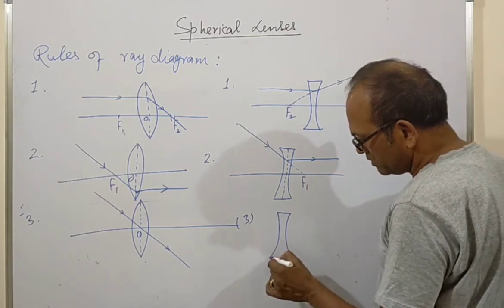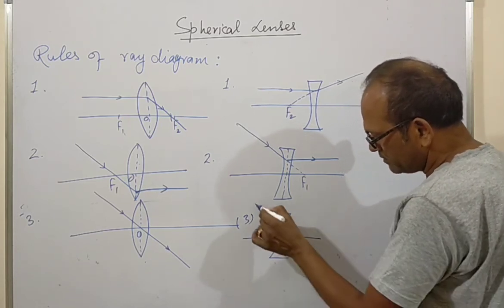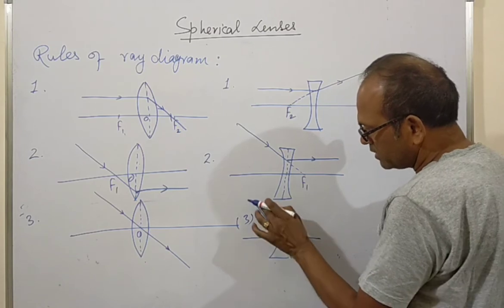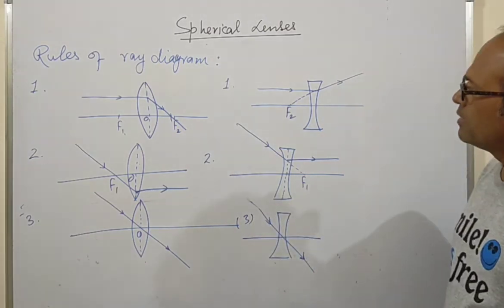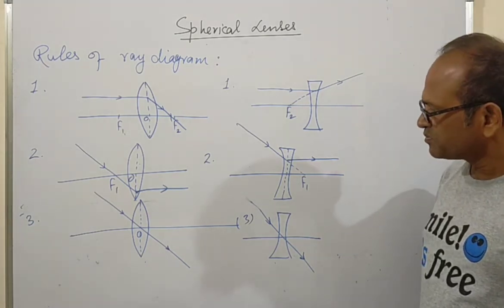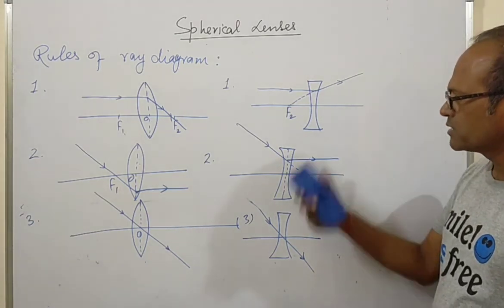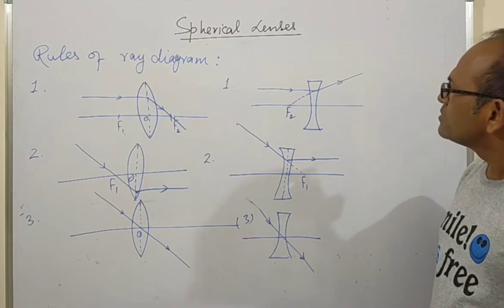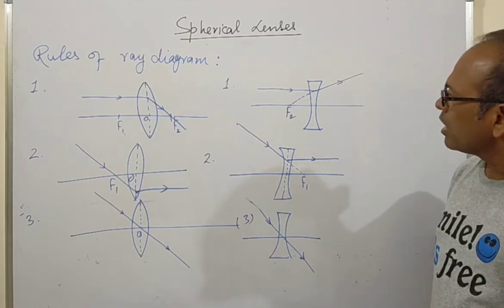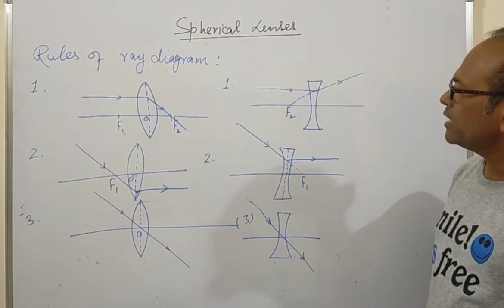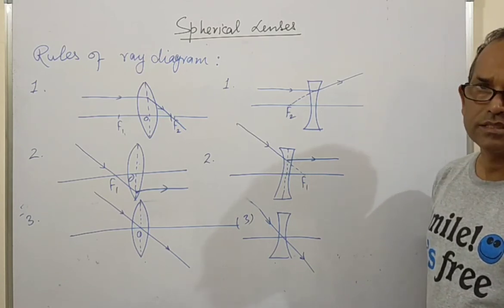So here the ray of light emerges out without bending, right? So, students, these are the rules of ray diagram for convex and concave lenses.